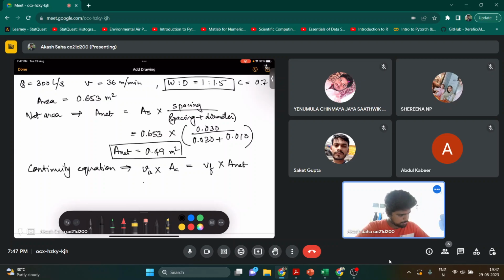So my velocity of flow will be equal to 0.6 into 0.5 divided by 0.49. So it will be 0.612 meter per second. Okay, so this will be my velocity of flow.